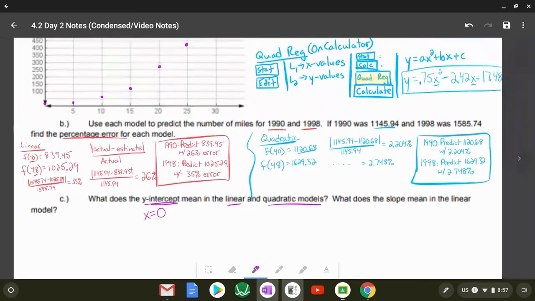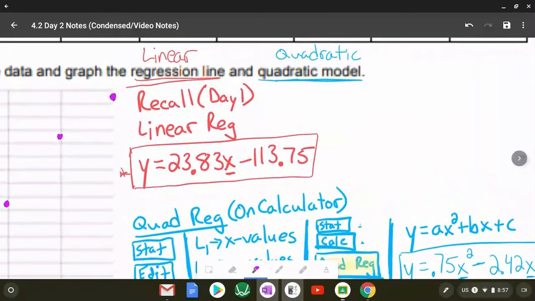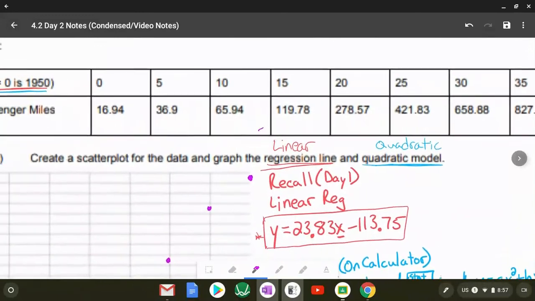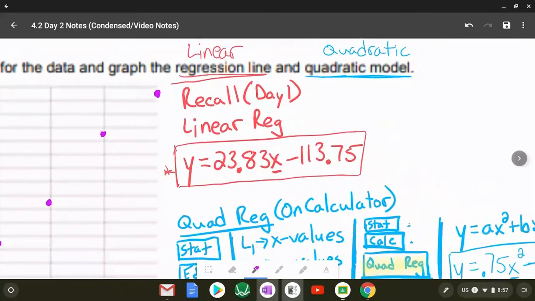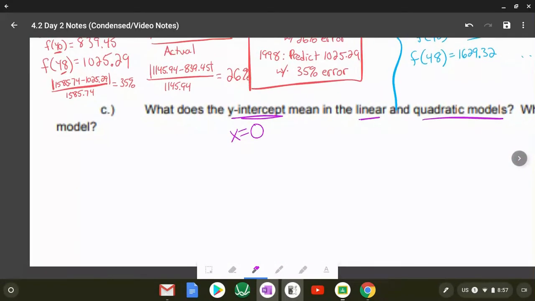So if we look at our y-intercept here, it's telling us that when x was 0, meaning in 1950, because we know that x equals 0 is 1950 based on the table, there were negative 113.75 air passenger miles. Just saying that out loud makes no sense.